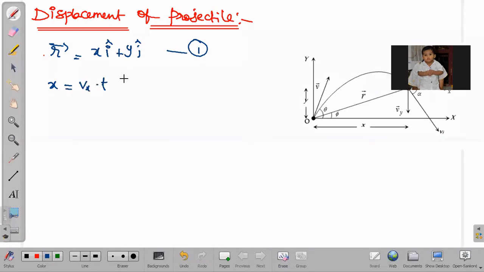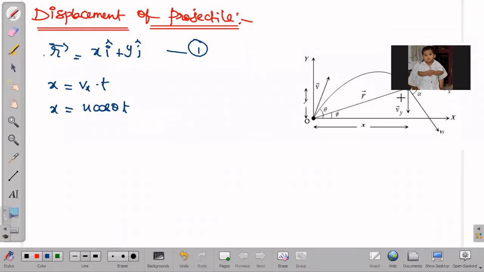Velocity along the x axis is u cos theta, so u cos theta into t is our x coordinate, the displacement along the x direction.